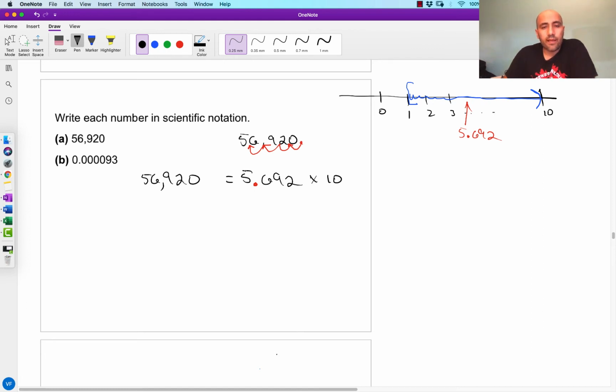If I multiplied a small number times another small number, it wouldn't make sense that somehow that equals a really big number. So the only way that this equality can stay true is if this small number, this 5 point something, is multiplied by a very large number, such that the multiplication of these two gives you that big number, right? So we moved it over 1, 2, 3, 4 spaces.